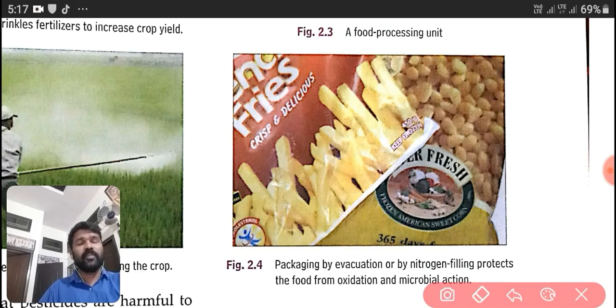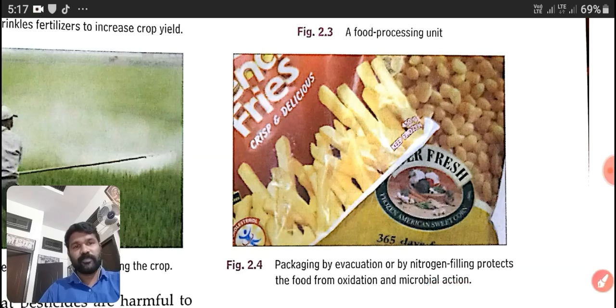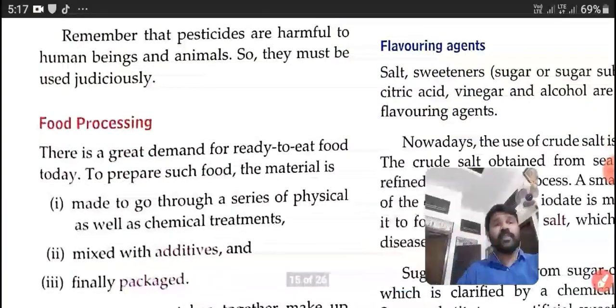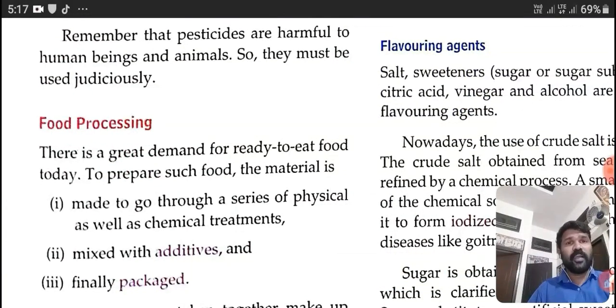To avoid microbial action, we use a special type of gas inside the packaged food. Remember that pesticides are harmful to human beings and animals, so they must be used judiciously.